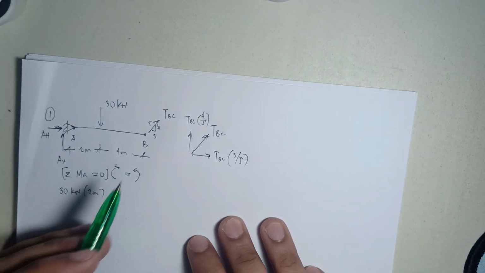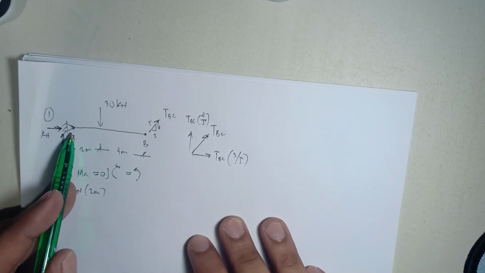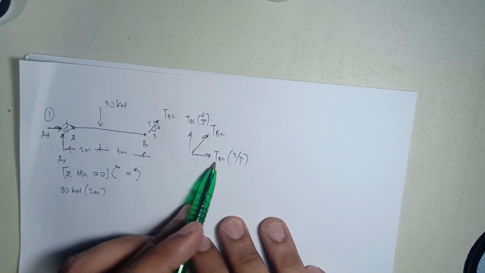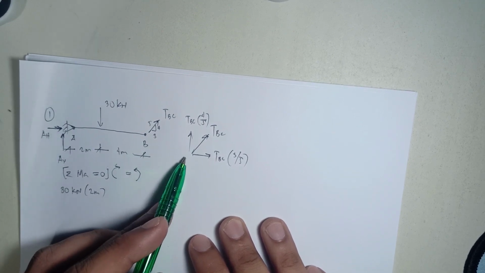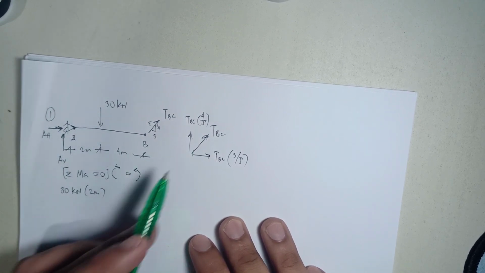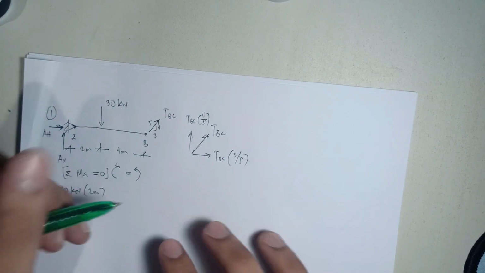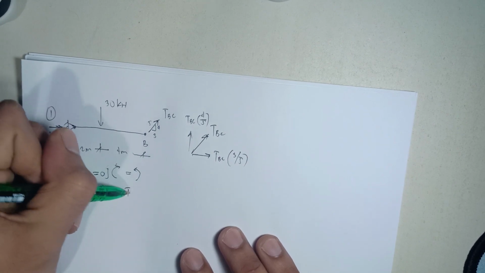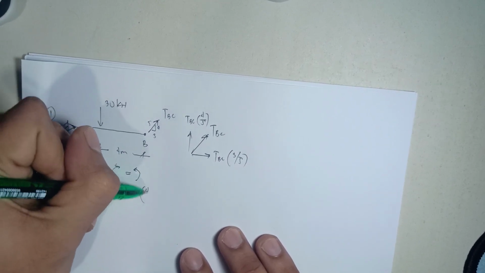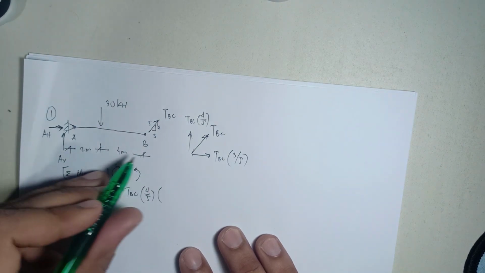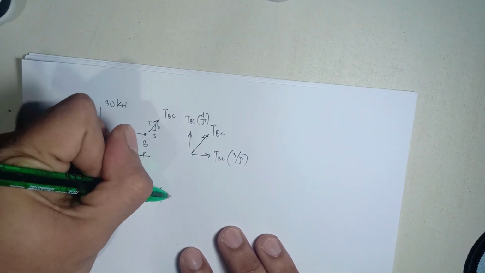Ayun. Ngayon, pag moment tayo at point A, walang moment yung horizontal component. So, meron lang yung TBC na mag-create ng counterclockwise moments. So, moment siya sa kabila equals TBC, yung vertical component, times 4 over 5 times yung moment arm. Moment arm niya is 6 meters.